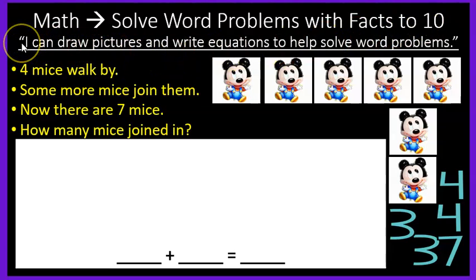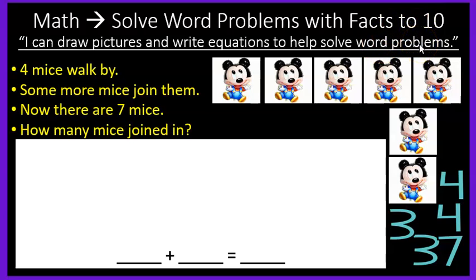Now, let's read our I can statement again, okay? Ready? I can draw pictures and write equations to help solve word problems.